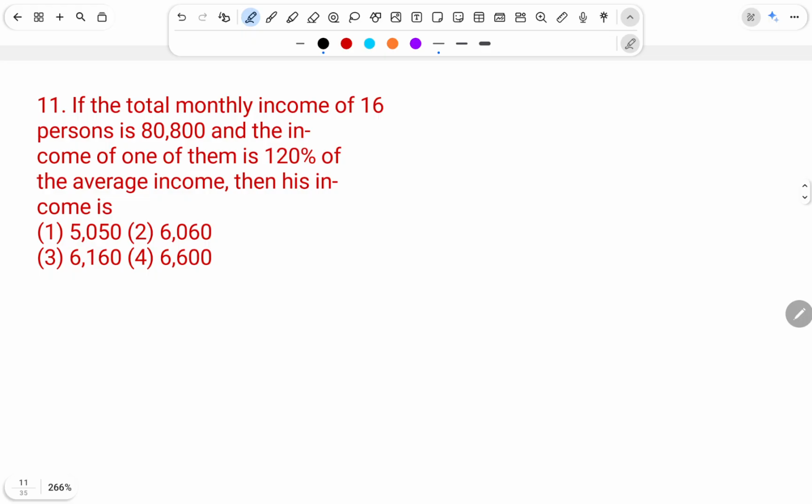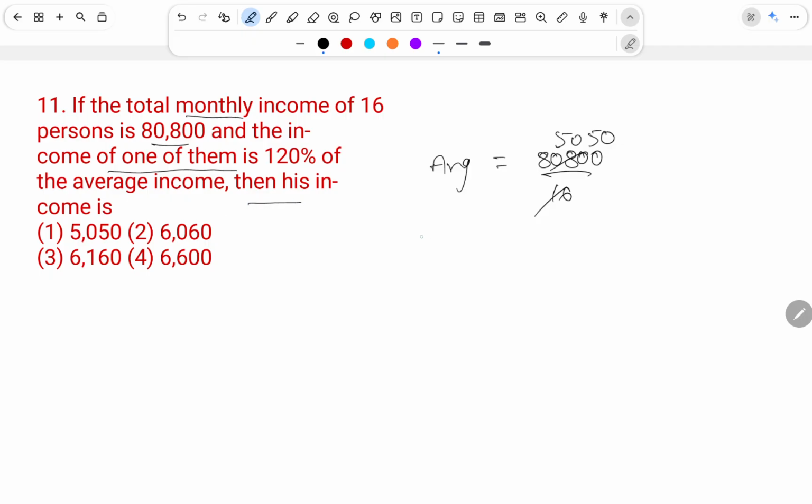Then, the total monthly income of 16 persons is 80,800 and the income of one of them is 120% of the average. First of all, total monthly income of 16 persons is 80,800. Then the average is 80,800 by 16, which is 5050.